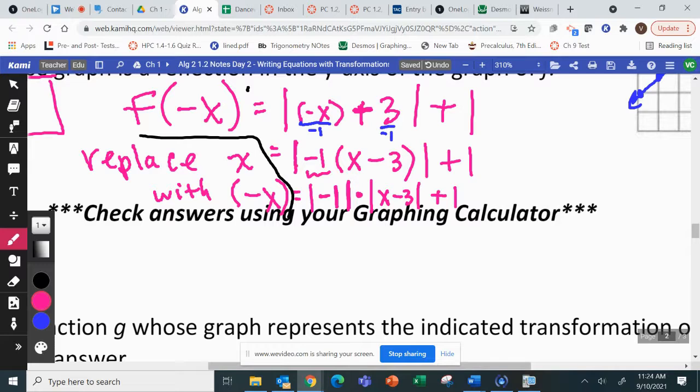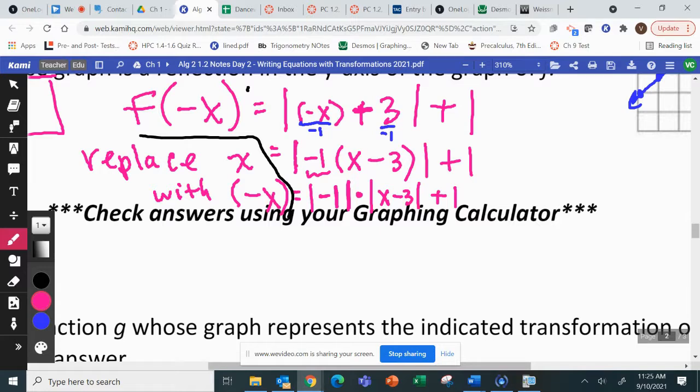What is that? The absolute value of -1 times x minus 3. I made them 2 separate absolute values. And that's a property that we use a lot with other things too, not just absolute values, like square roots.